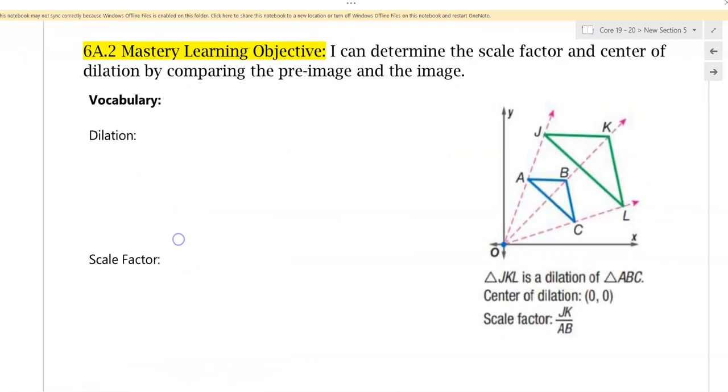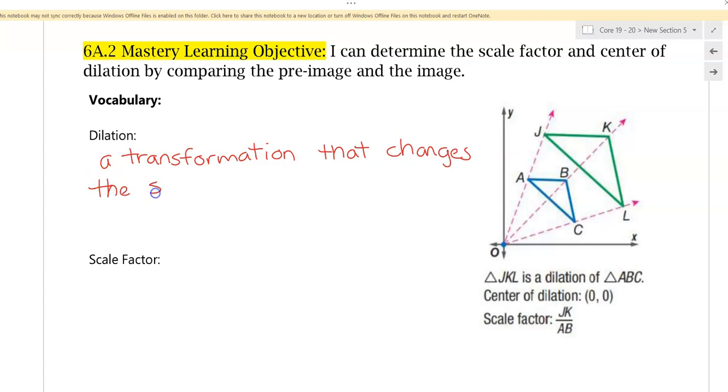Okay. A dilation is a transformation that changes the size of a figure without changing the shape.